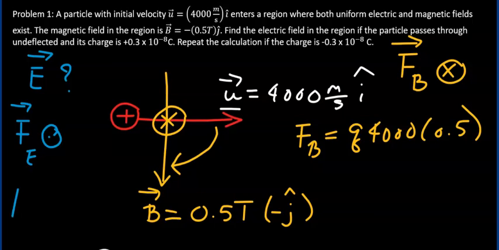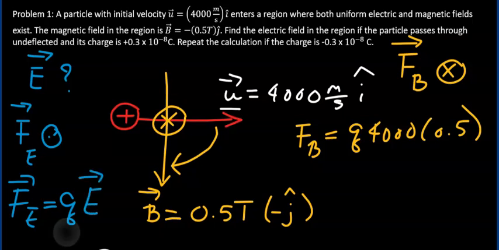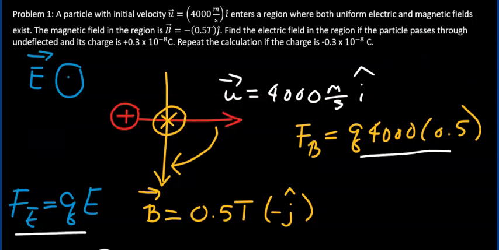And we know the expression for electric force is given by the charge strength times the electric field vector. So since we're dealing with a positive charge, and we require the electric force to come out of the plane, then the electric field direction must also come out of the plane, like that, represented by the dot, with magnitude given by that expression.